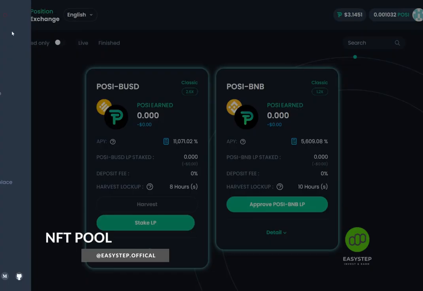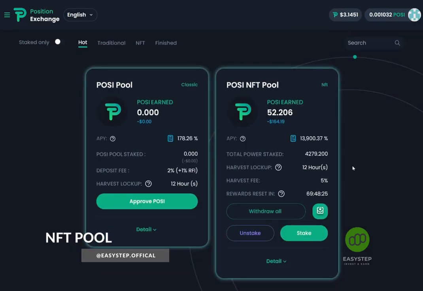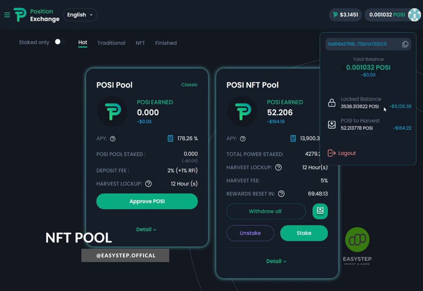But with this pool, you can't do that. There's no deposit fee, but there is a harvest fee for taking your money out, and you cannot take your money out at any time. That amount you put in is locked for a certain period of time, and I'll explain how that works.